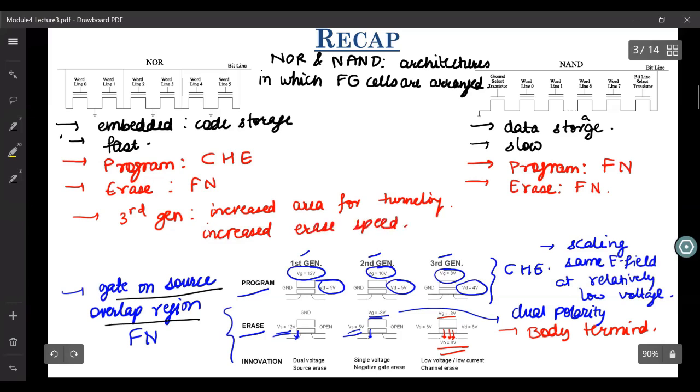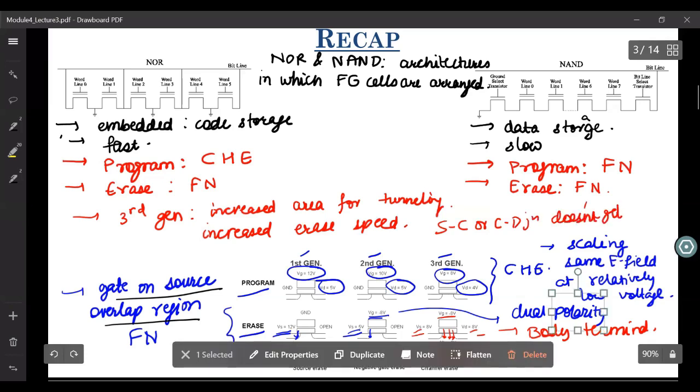And at the same time, whatever voltage you are applying on the body has to be applied at the source and drain regions, so that your source-channel or channel-drain junction doesn't get forward biased. Okay.